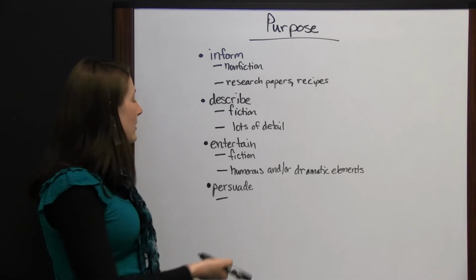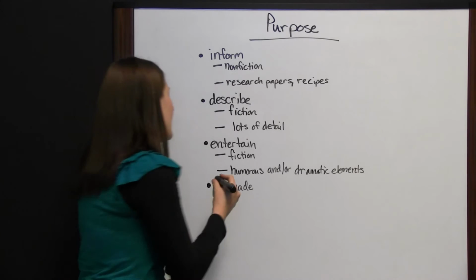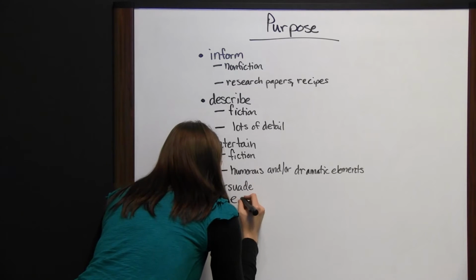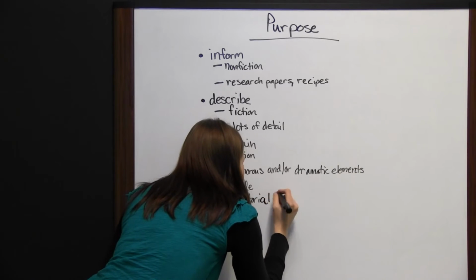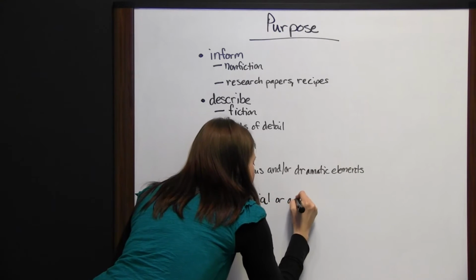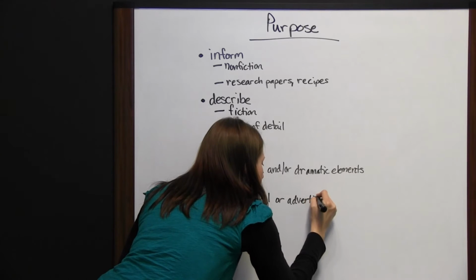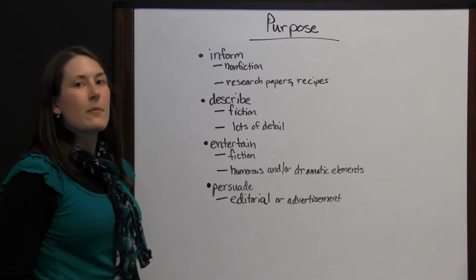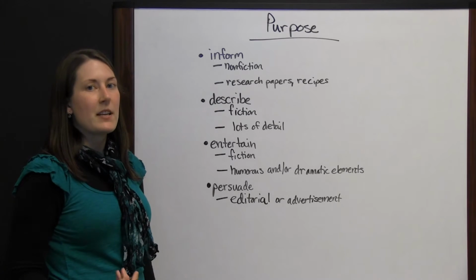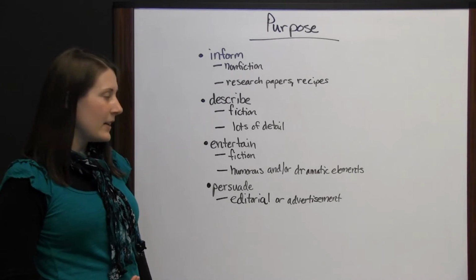If the author is writing to persuade you of something, you are probably going to see an editorial or an advertisement. All those ads you see on TV are meant to persuade you to buy something, persuade you that one product is better than another.